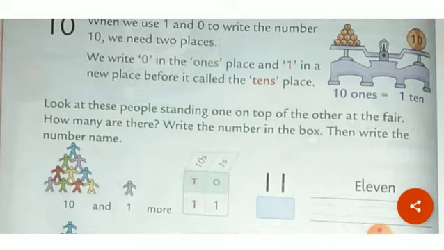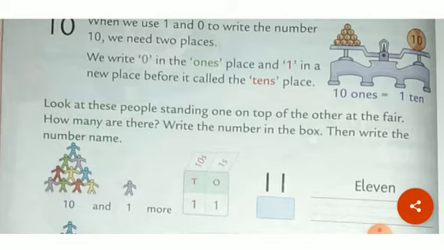And on the right side there is a single person. So you can see here one tens group is given and one single person is given. So 10 plus 1 is 11.